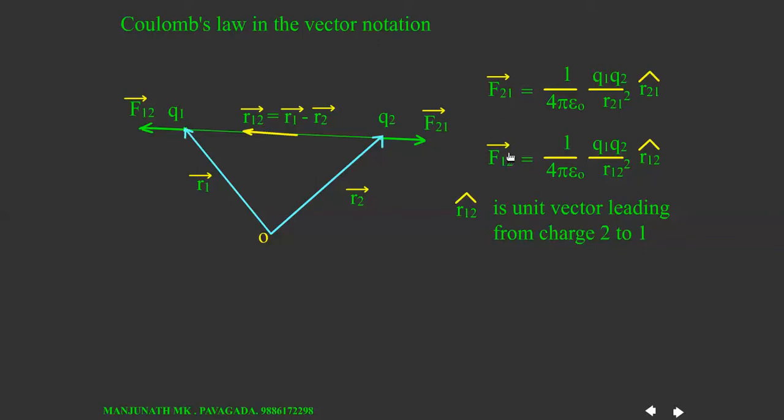These two equations can be written in general like this. F is equal to 1 over 4 pi epsilon naught q1 q2 by r square into r cap.